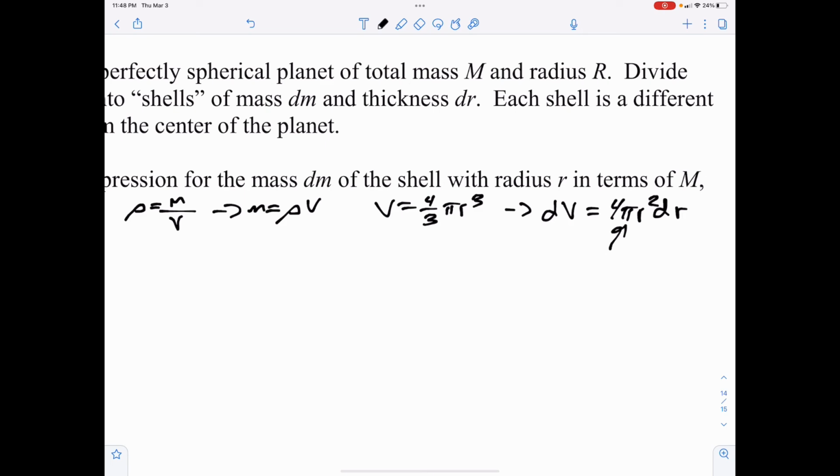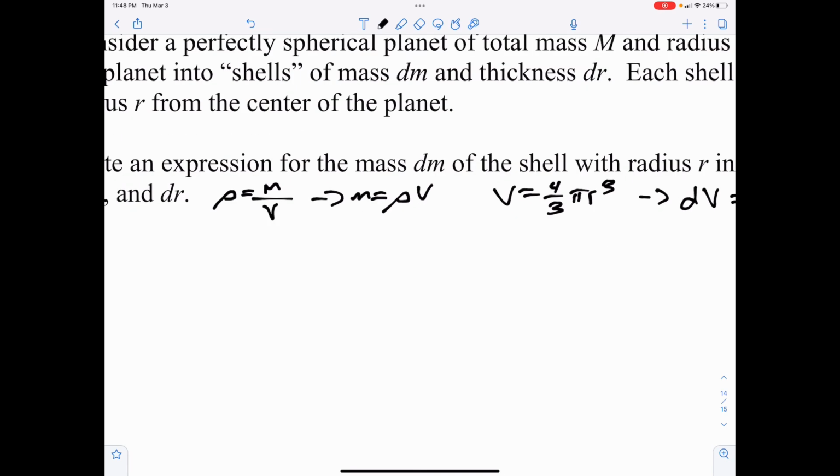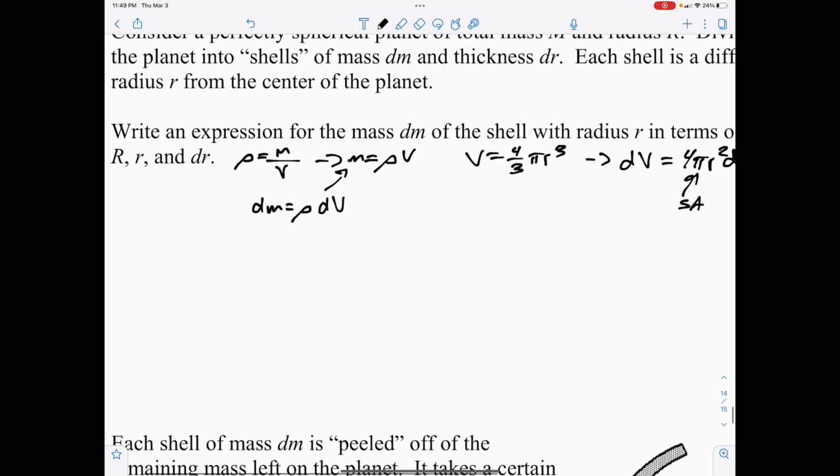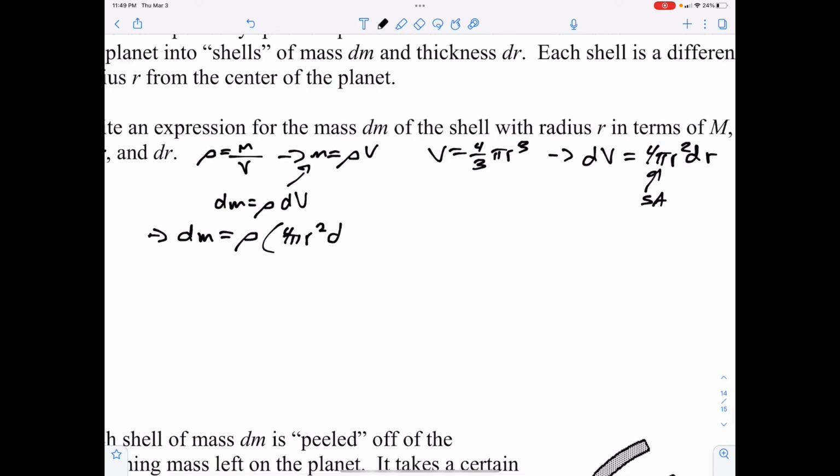That's the surface area, isn't it? Okay. And then here, if I were to derive this, dm would be rho dV. And we've got a value for dV. So dm is equal to rho times 4 pi r squared dr.